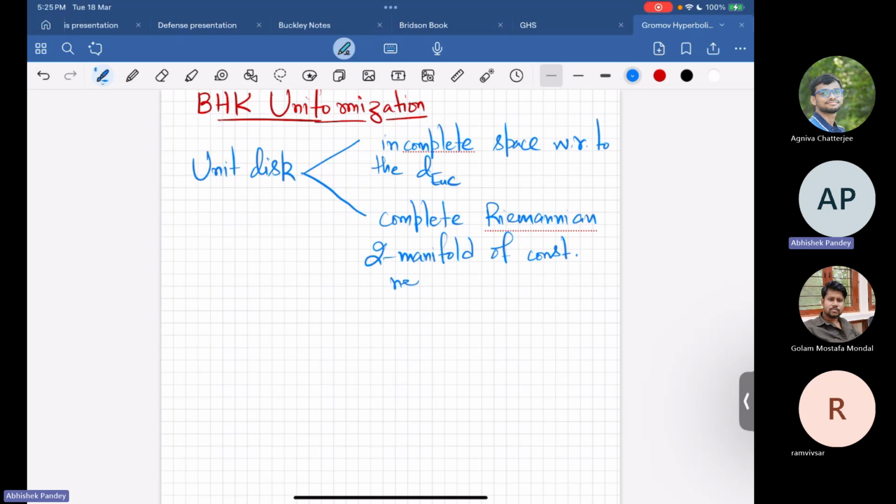These two are conformally related, because this Riemannian metric is conformally equivalent to the Euclidean metric.